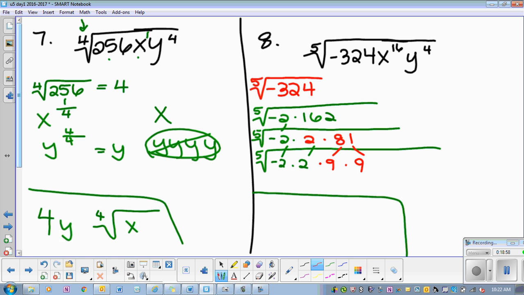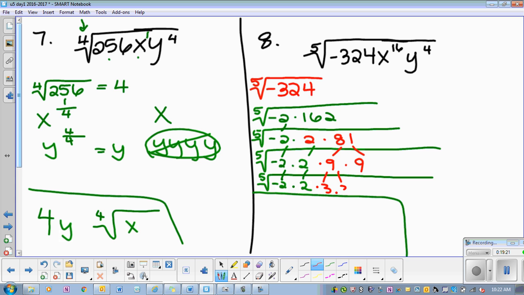And then guys, the 9s, they each break down into 3 times 3, right? Then you have 2 twos. So let me see. I have a negative 2, right? Because I only need just the one negative, right? And I have the 2. And then you have 4 3s.